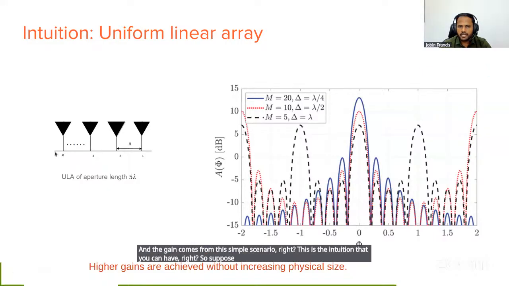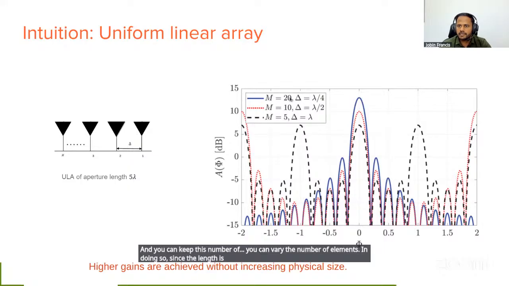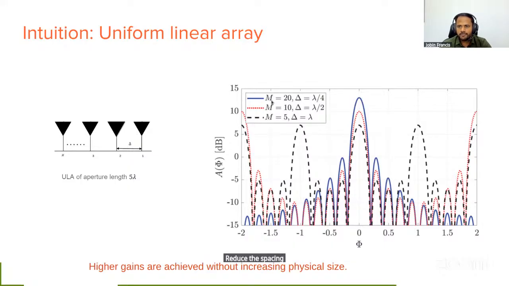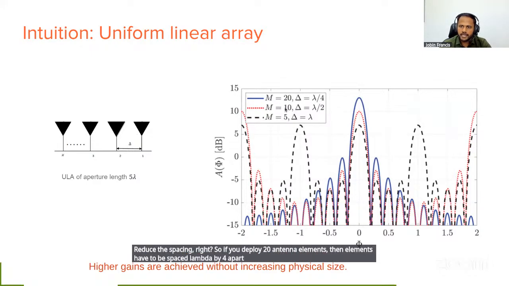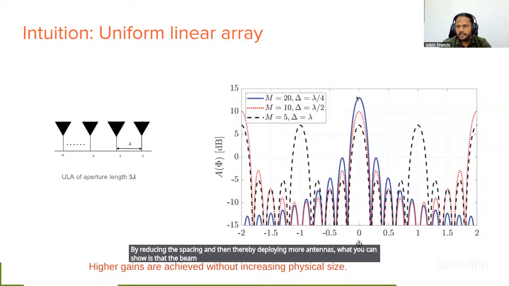So suppose you have an antenna array of size 5 lambda, 5 times wavelength is the length of the array that you have. And you can vary the number of elements. In doing so, since the length is fixed, you reduce the spacing, right? So if you deploy 20 antenna elements, then elements have to be spaced lambda by 4 apart. But if you are only having 10 elements, you can keep them lambda by 2 apart. And if you have 5 elements, you can keep them lambda apart and so on, right? Now, by reducing the spacing and thereby deploying more antennas, what you can show is that the beamforming gain increases.